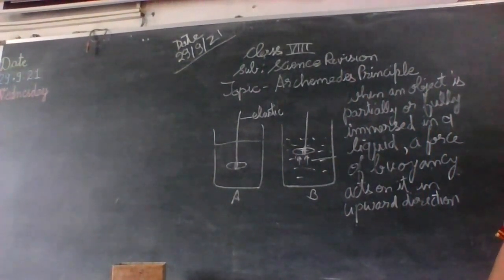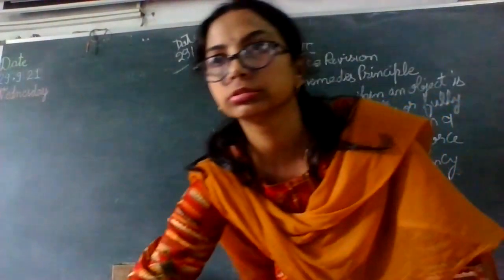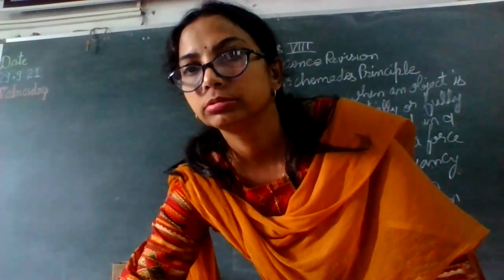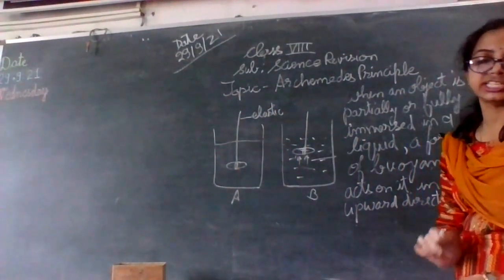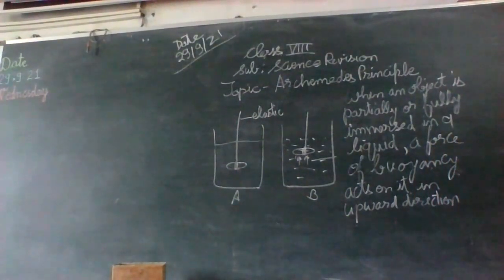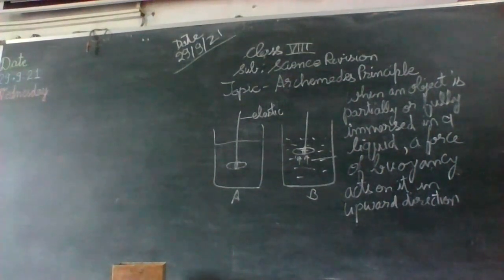And this force is equal to the weight of the fluid displaced by the object. This means the buoyant force is equal to the weight of the fluid displaced by the object.